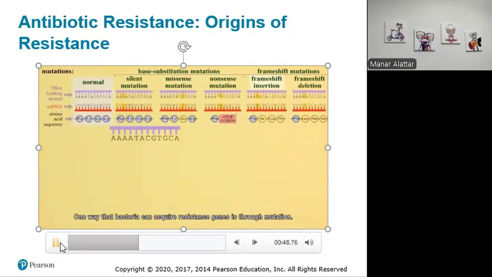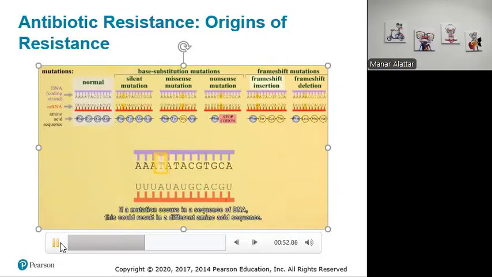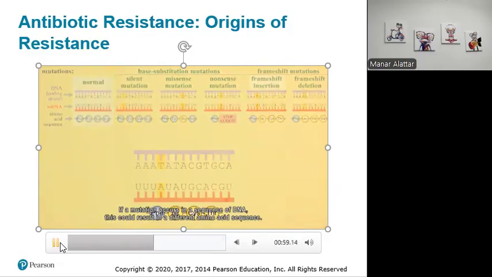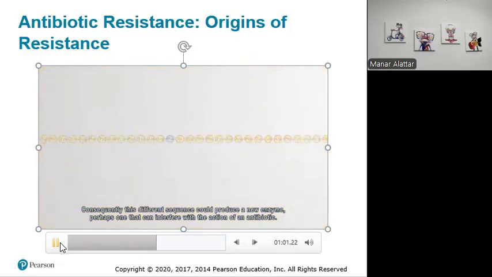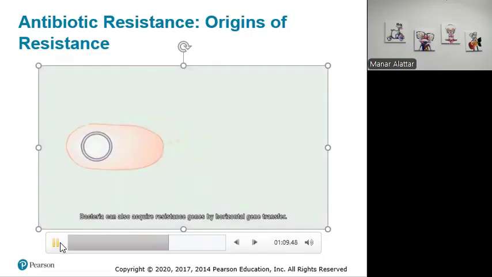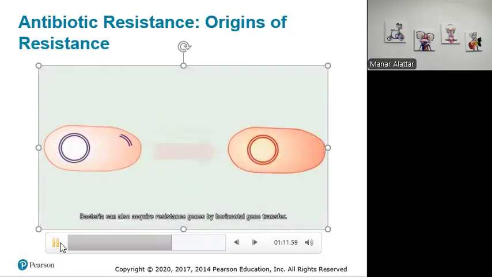One way that bacteria can acquire resistance genes is through mutation. If a mutation occurs in a sequence of DNA, this could result in a different amino acid sequence. Consequently, this different sequence could produce a new enzyme, perhaps one that can interfere with the action of an antibiotic. Bacteria can also acquire resistance genes by horizontal gene transfer.